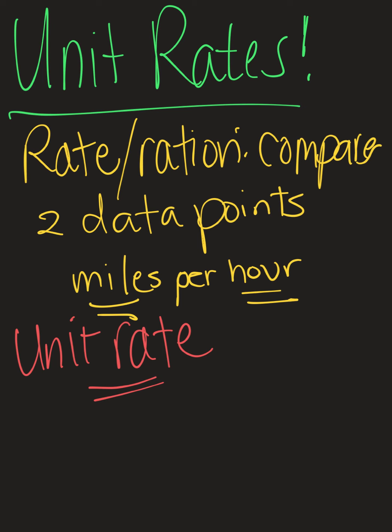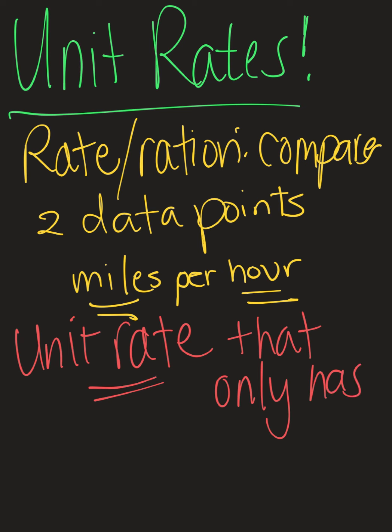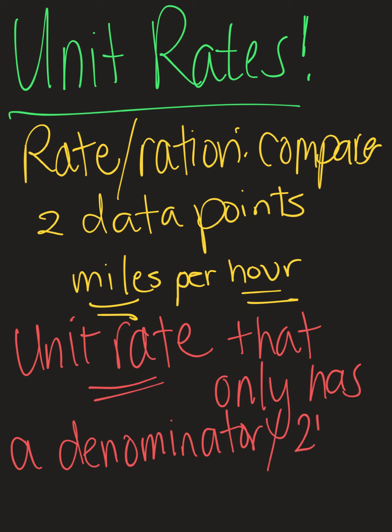So a unit rate is a special kind of rate that only has a denominator, or second number, of 1, okay? As I mentioned before, miles per hour, so it would be specifically 1 hour.